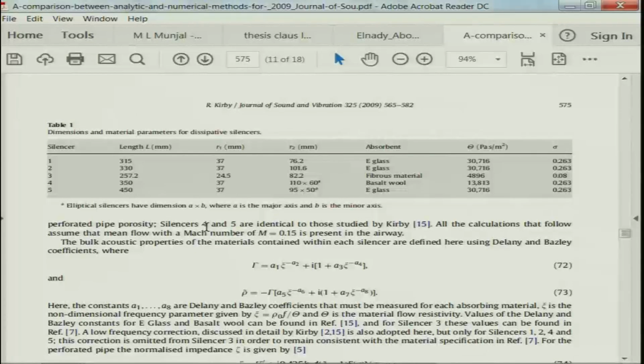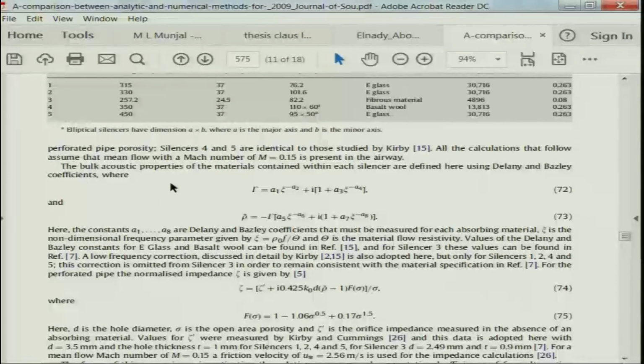But the take home message from this particular thing is to have a look at the perforate impedance expression. For the perforated pipe, the normalized impedance zeta is given by this thing, which is given in reference 5, zeta dash plus this thing, where f of sigma is given in the paper by Folk, and there are different expressions for f sigma.